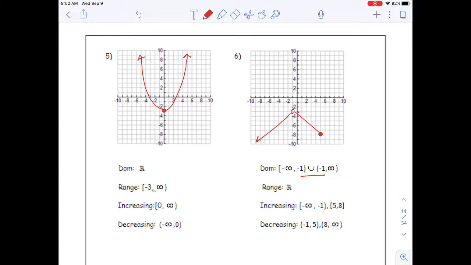The domain's everything else. So we're going to decrease from -1 to 5. And then we're going to increase from 5 to 8. So we'll just come back up here till we get to 8. Then we're going to decrease again from 8 to infinity. So we're going to go back down. And that would be an example of fulfilling all of the requirements.